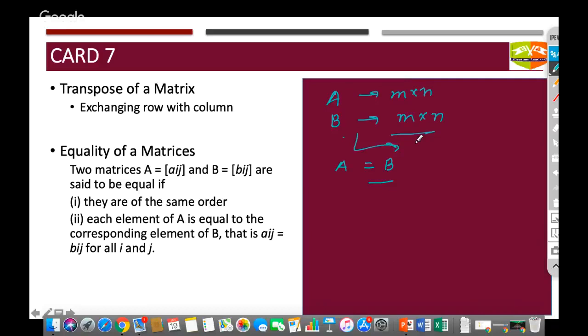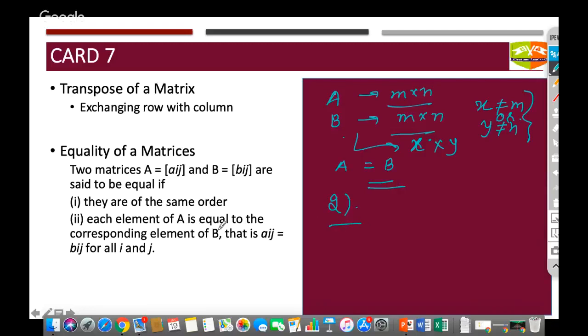If matrix B is of order x into y, where x is not equal to m and y is not equal to n, or any one of them, then the matrices cannot be equal. So for matrices to be equal, the most important criterion is they are to be of the same order.